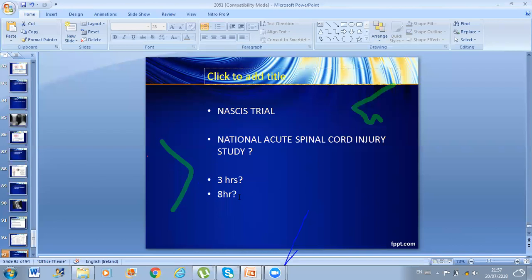If the patient comes within 8 hours, I will give 30 milligram per kilogram within half an hour or 1 hour, and then 5.4 milligram per kilogram for 48 hours. Okay. In the UK, they consider that the risk is more than the benefit, and in the USA, in Northern America, they administer corticosteroids. For us, it is controversial.